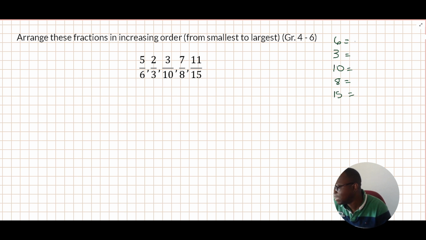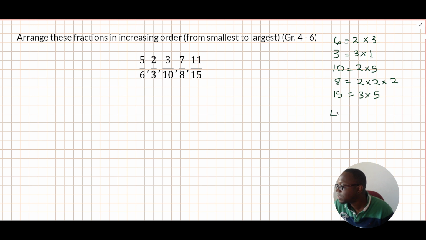Remember that in our previous lesson I had said that it's easier to use prime factors here. 3 is going to be 3 multiplied by 1, but you don't have to use the 1 here because 1 isn't a prime number. Then 10 is 2 multiplied by 5. 8 is 2 multiplied by 2 multiplied by 2. If you have any questions on how we get to this, let me know. And then 15 is 3 multiplied by 5.